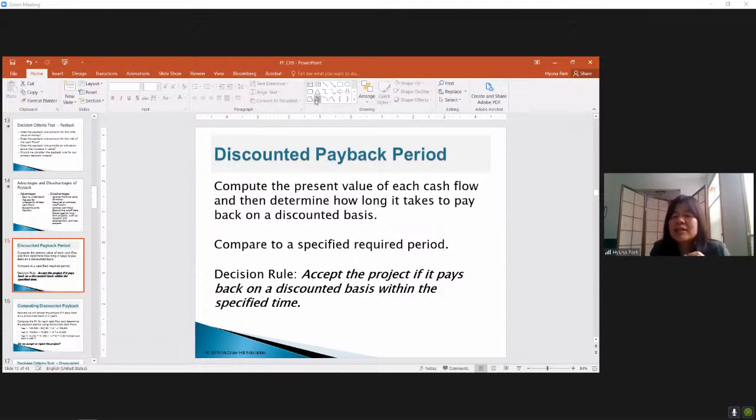Again, it requires a preset limit, the required period. Also, a discount rate is needed.